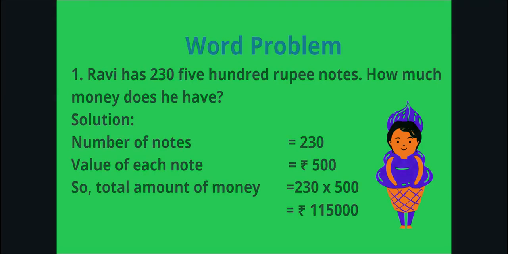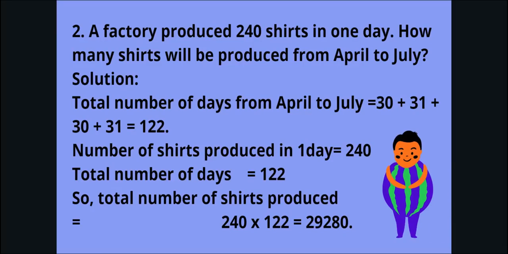Second problem. A factory produced 240 shirts in one day. How many shirts will be produced from April to July? Solution. You have learnt in earlier classes in the time chapter the number of days in the months of a year. You have to recall and use this now.